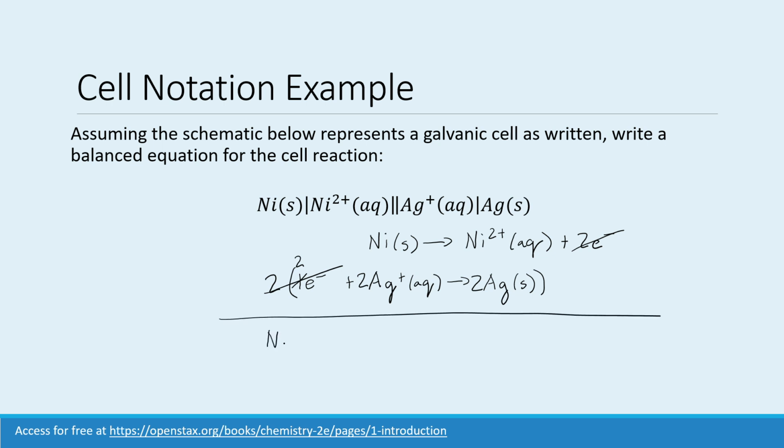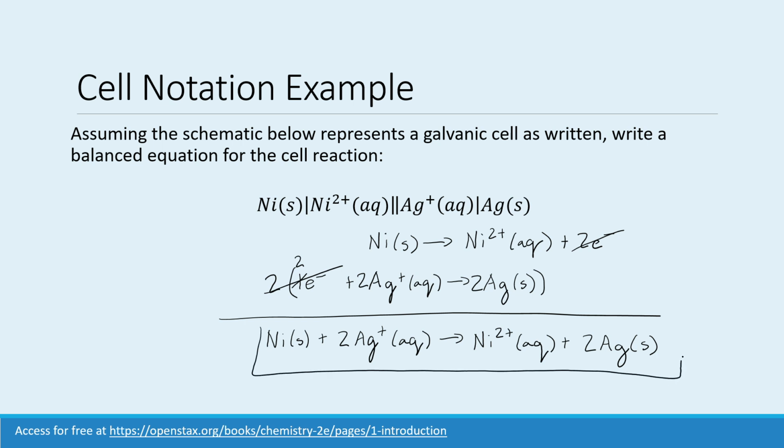And so we get that nickel solid reacting with 2 silver ions, and that will give us the nickel 2+ ion plus 2 solid silver. Okay, so again, using those skills from balancing half reactions and using that half reaction method.